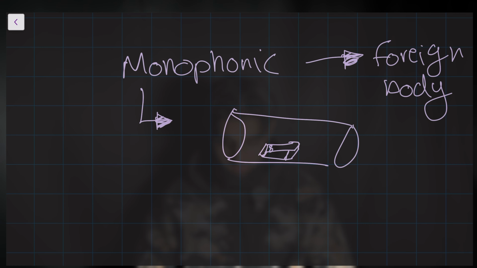It's a terrible representation of a Lego, but you get the point. So again, same sort of idea. So when there is that sort of narrowing of the airway, it means that the air pushing past will make a higher pitch sound.